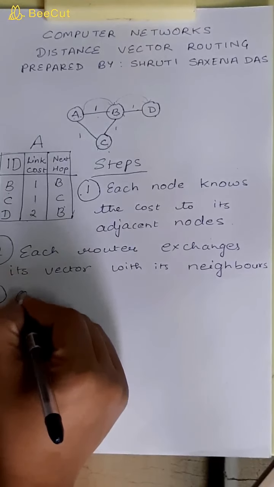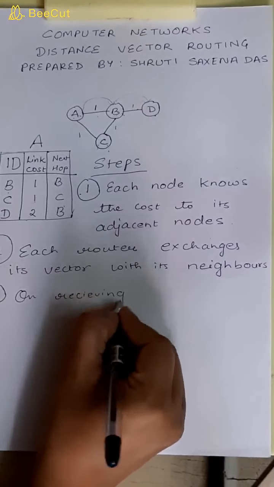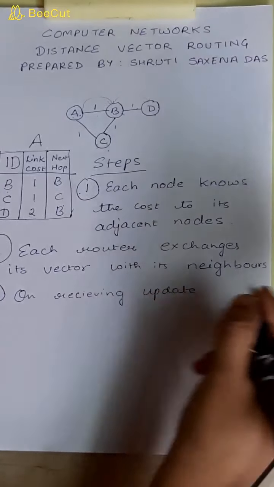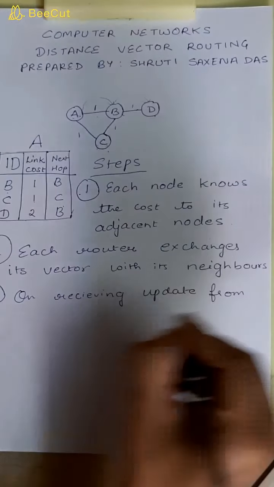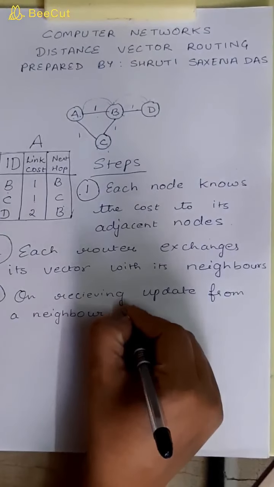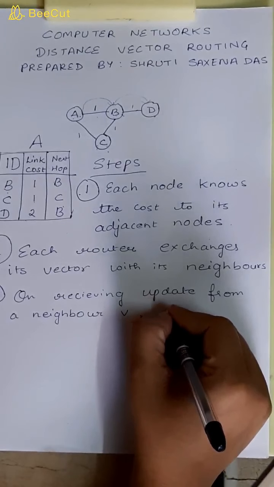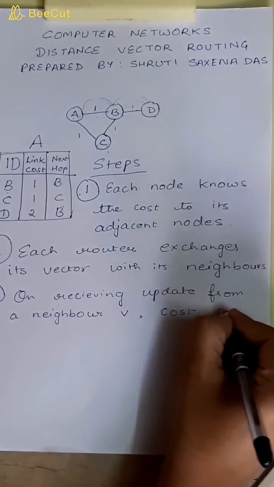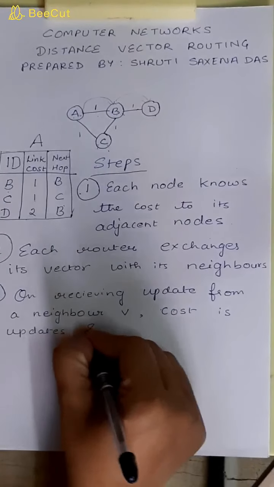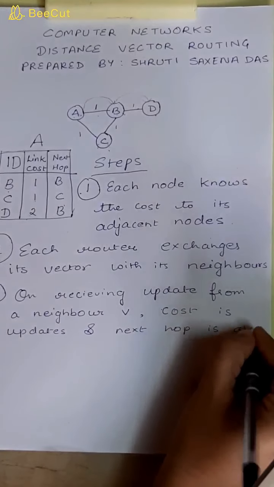So what we'll do once we receive the routing update from the neighbor. After receiving an update or vector from a neighbor, suppose V, the cost is updated and the next hop is also changed accordingly.